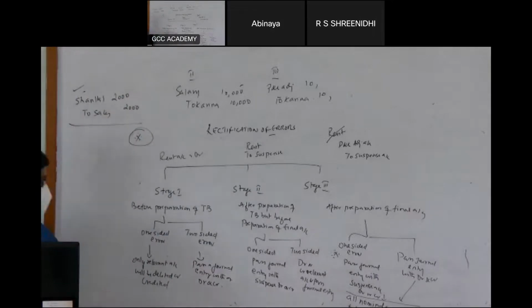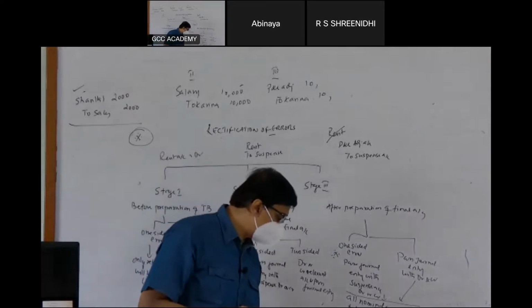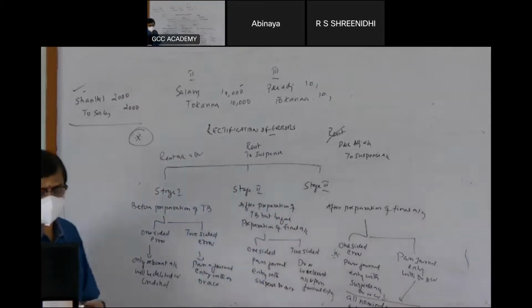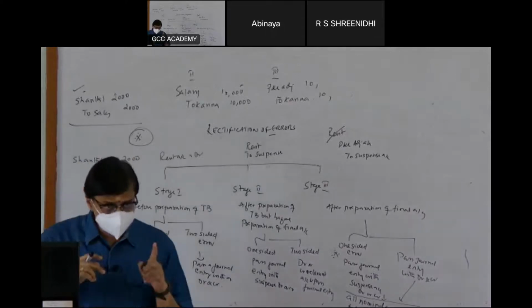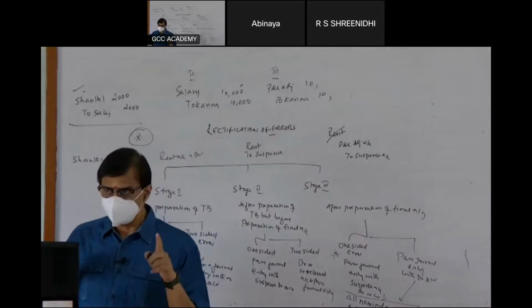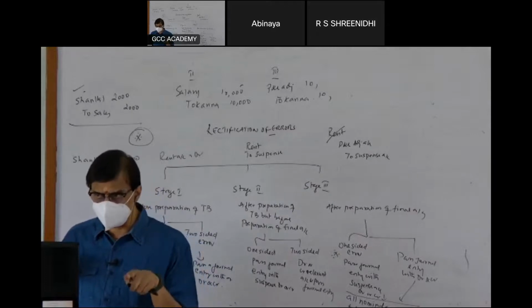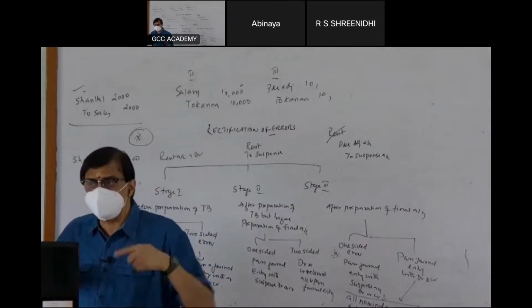Instead of doing this, what have they done? The sale of 2,000 to Shanti was credited to their account. It means sales went correctly, but instead of debiting Shanti, it became a credit. So there is a double effect. A single one-sided error, because it's affecting only Shanti account, but instead of debiting, they have credited it.